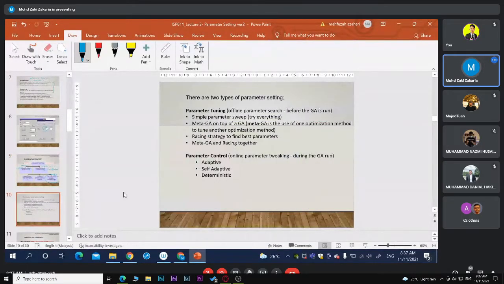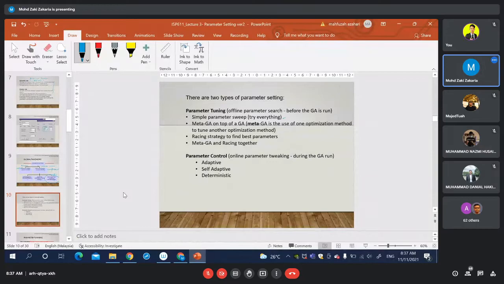Okay, then for parameter tuning, offline parameter, simple parameter sweep. We try everything, by experiment, trial and error. Okay, meta GA on top of GA, and usually we use experiment by experiment.